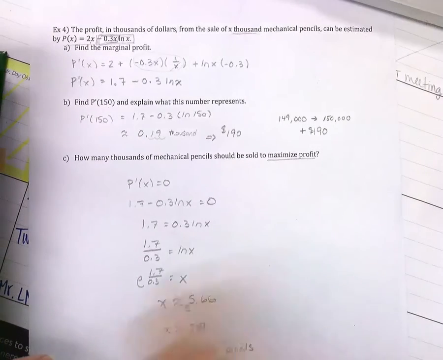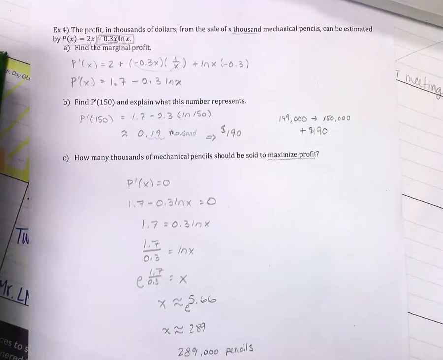A lot of pencils. If you plug that back in, it'll give you the maximum profit. Hold up. 289, not 289,000. It's like Ticonderoga.